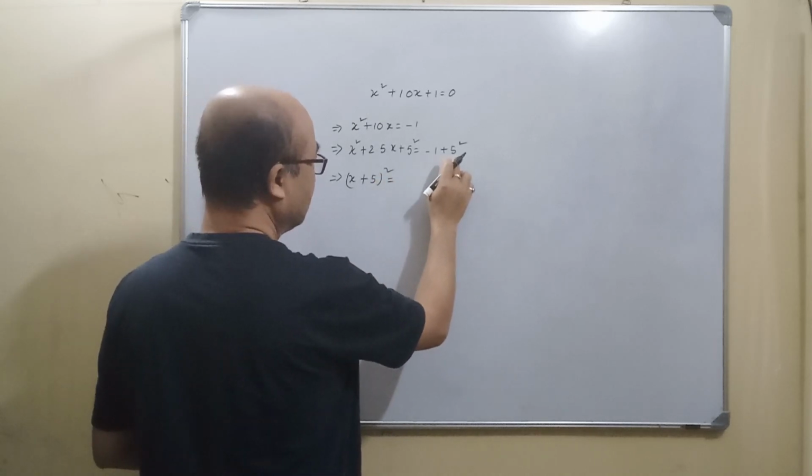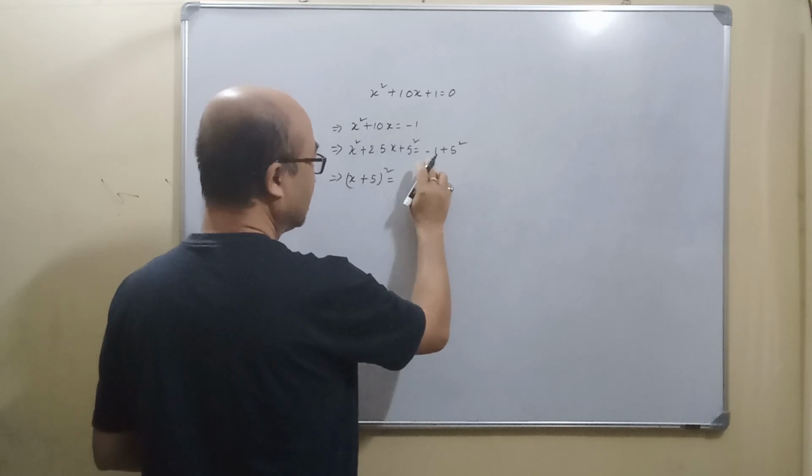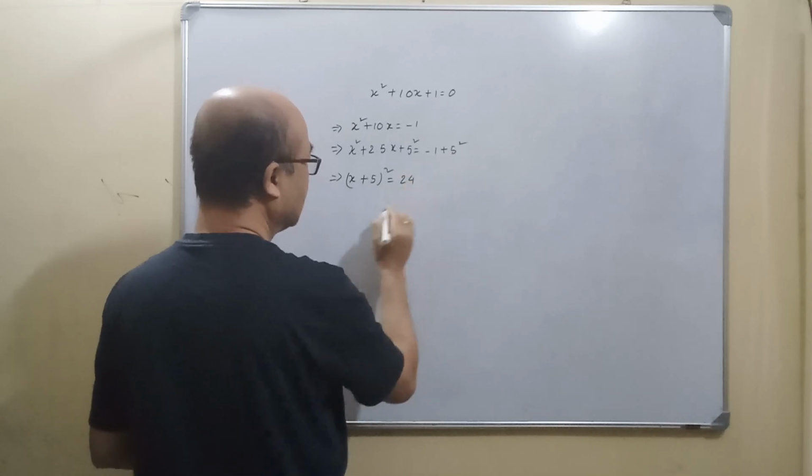So this is 5 squared, 25. 25 minus 1, it is 24.